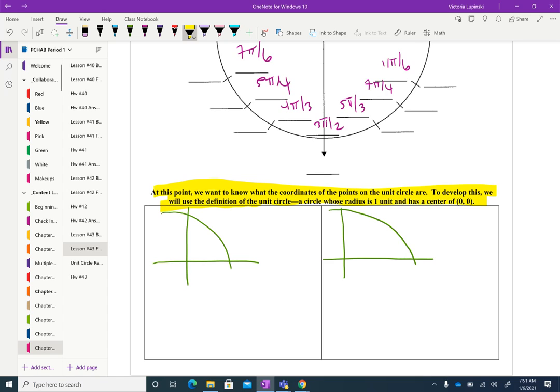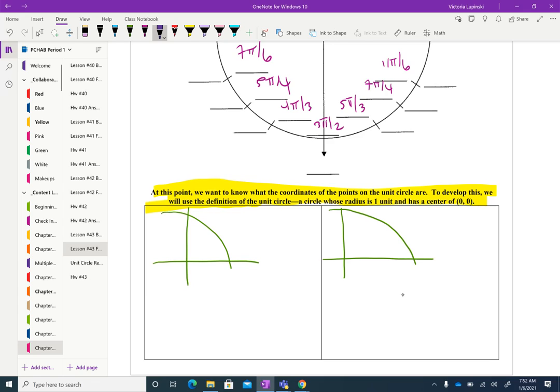And in order to do that, we're going to use the definition and the fact that the circle has a radius of 1 and has a center of 0, 0. So notice what I have there is just a little part of the unit circle in the first quadrant. And what I want to do is consider each of the different families. The first one that I'm going to consider is the 45 degrees.